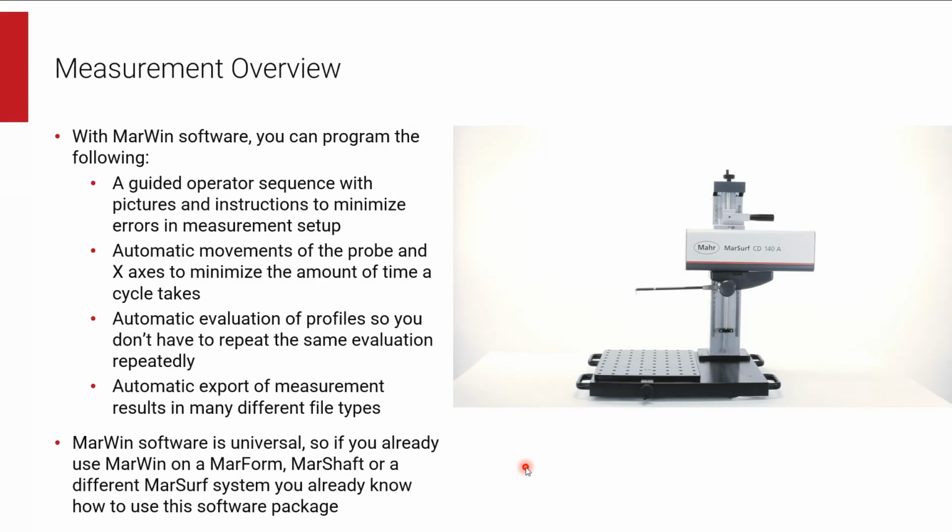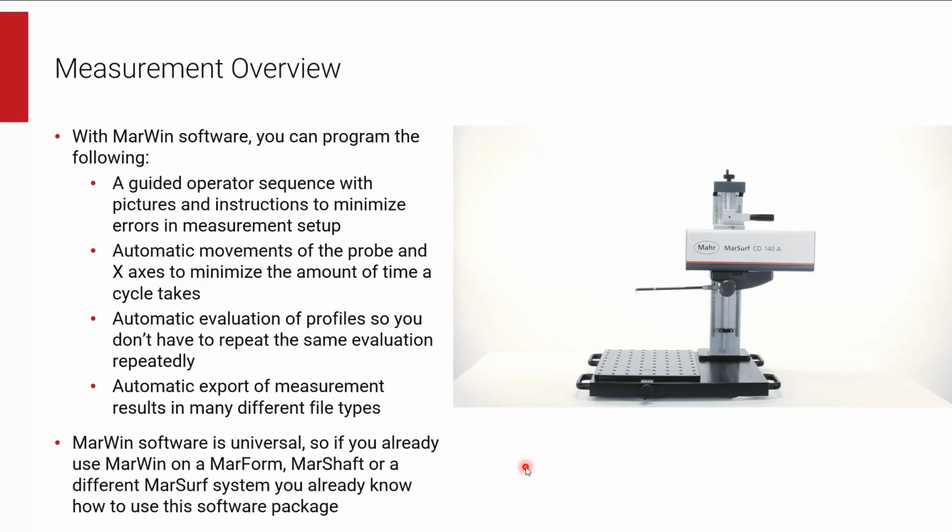As we begin to take a measurement within the Mahr software, we can create what we call a quick and easy, another word for a program, where we can include a guided operator sequence with as many pictures and instructions as you want to minimize error in measurement setup.